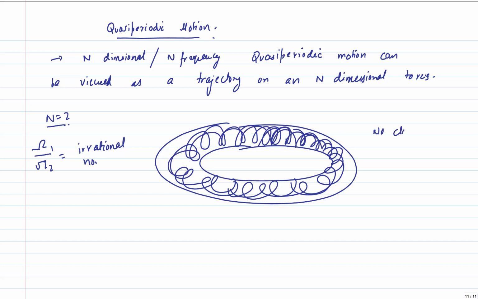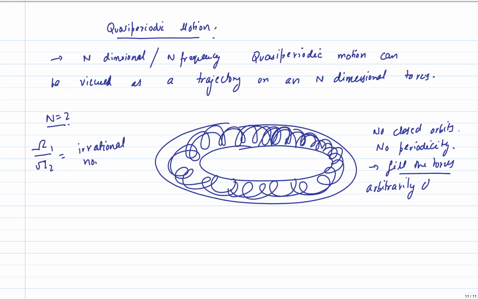No closed orbits, no periodicity, and the trajectory is such that after a long time it's going to fill the torus. That means it's going to come arbitrarily close to each point on the torus.